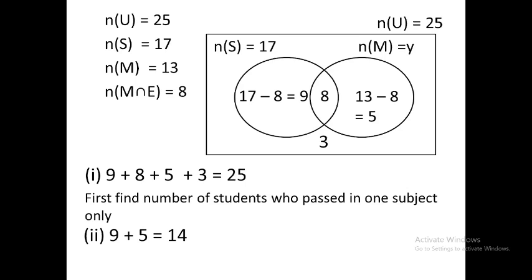Now we can find the probability. So the probability of students who pass in only one subject is 14 out of the total number of students in the class, which is 25. Is there any number that divides both 14 and 25? There is no number. And so the answer becomes 14 out of 25. Let's continue.